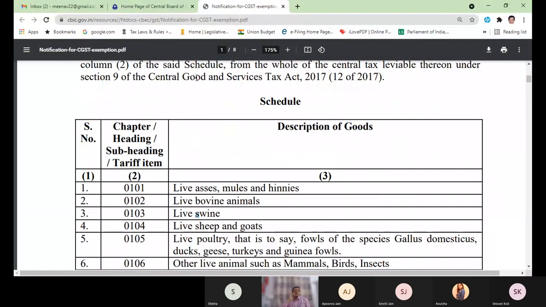So these are so many supplies of goods, not services, which is exempt from tax 100%. There is absolute exemption. There is no condition involved. Now, you are not supposed to learn all these, but let me write 7 to 8 items for you, which you should learn. So I wanted to show you an idea about this notification.